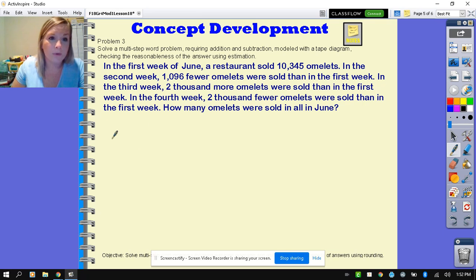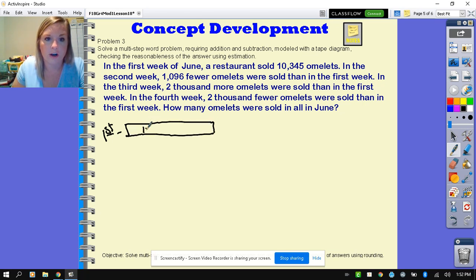So I'm even going to help you set up a tape diagram, and then I challenge you guys to finish this problem out by yourself. So your first week, we had, and see how important this is in case you had your own restaurant to know how to solve these problems. So we sold 10,345 omelets this first week.